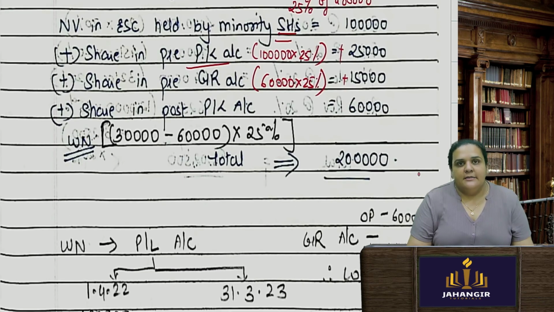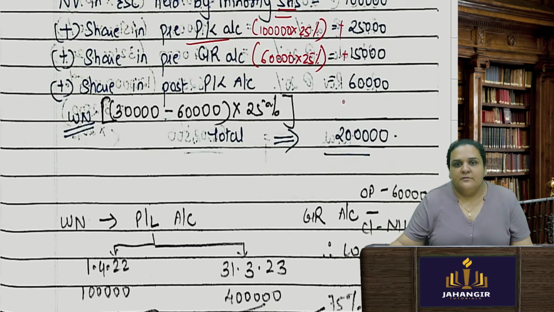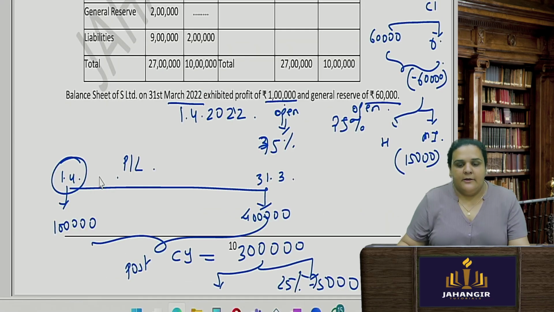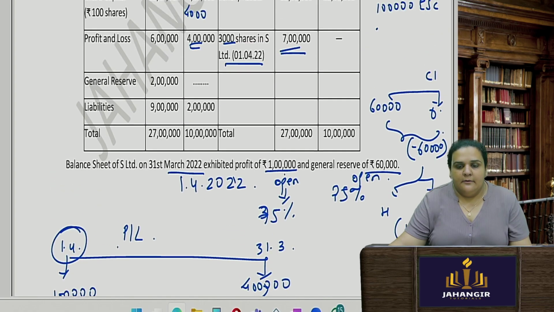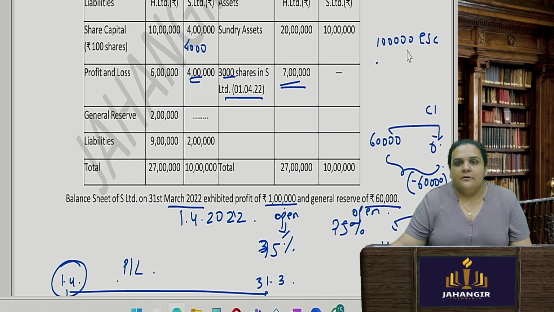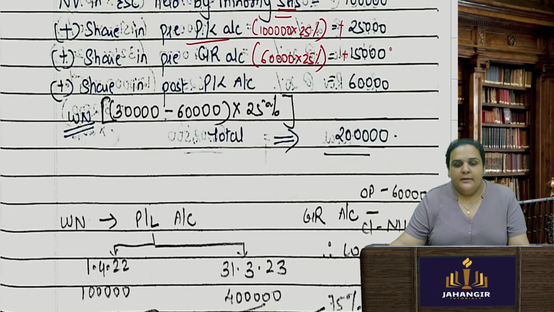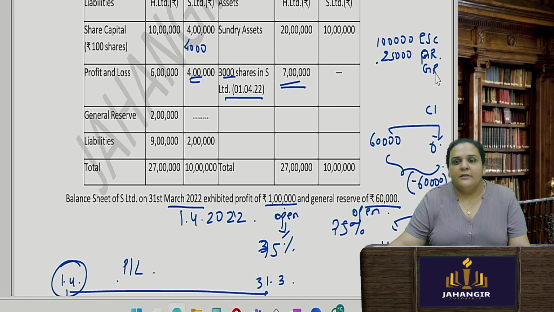What I have done is, I'll tell you. Here what I'm showing you is we have done 1 lakh of equity share capital, correct? Then we did 25,000 of pre-general reserve. Then we did pre-PNL. Then we did pre-general reserve of 15,000.